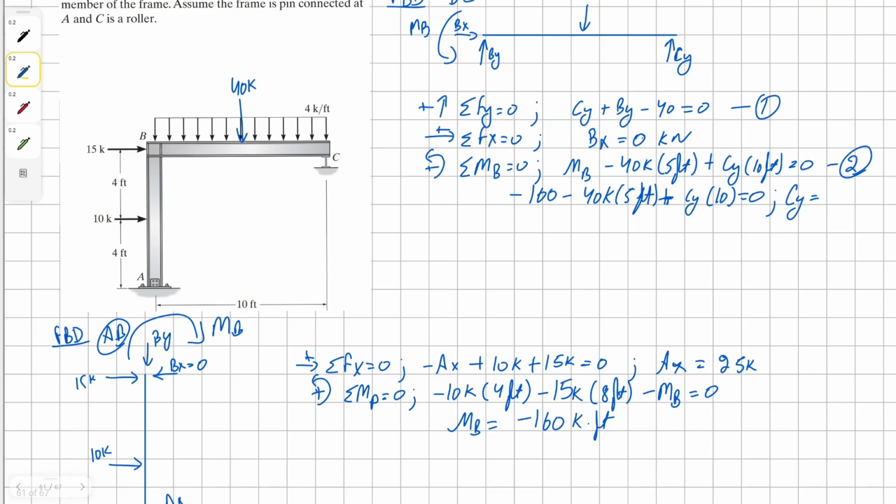Solving for Cy, we get our solution as 36K, and then we can plug the value of Cy into equation 1. So we're going to have 36 plus By minus 40K equals 0, and our By is going to be 4K.